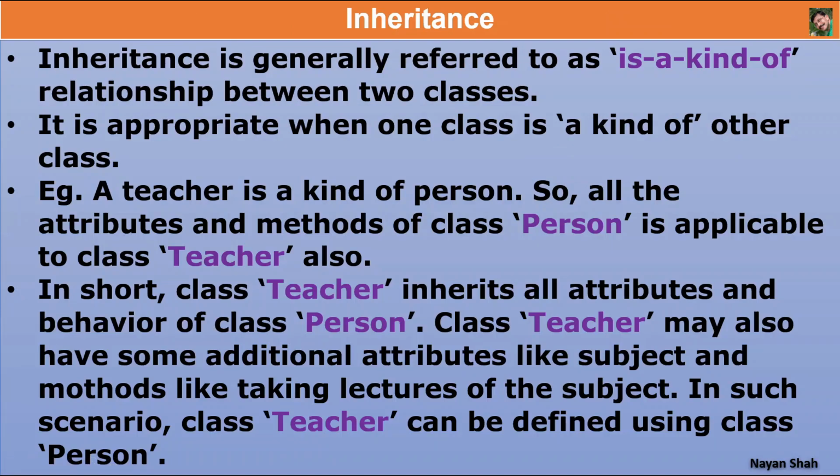And last we saw inheritance is generally referred to as an is-a kind of relationship. When a new class which we want to create is a kind of existing class, we say inheritance. Like engineer is a person. So if we have the person class defined, we don't need to define the engineer class from scratch. We can inherit the person class into the engineer class and then add new features in that.